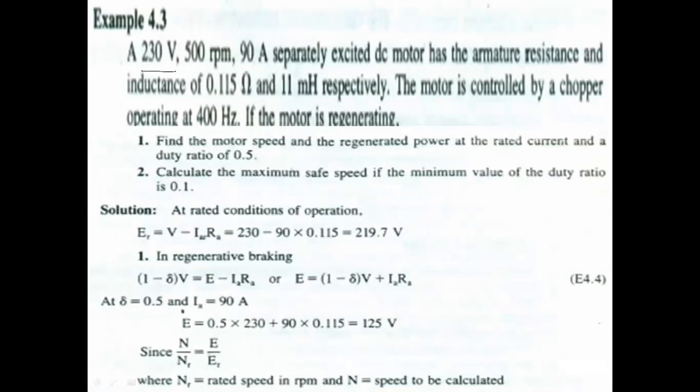A 230 volts, 500 RPM, 90 amperes, separately excited DC motor has a resistance of 0.115 ohms and an inductance of 11 millihenries. The motor is controlled by a chopper at an operating frequency of 400 Hz. So remember: 230 volts, 500 RPM, 90 amperes, resistance 0.115, inductance 11 millihenries, and frequency 400 Hz.